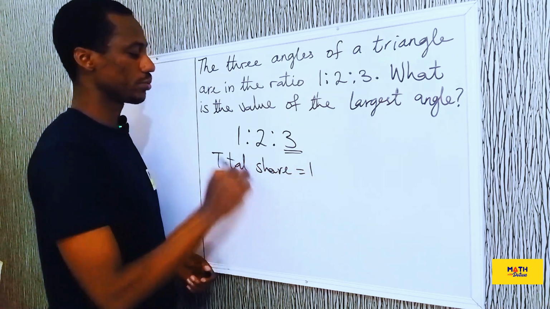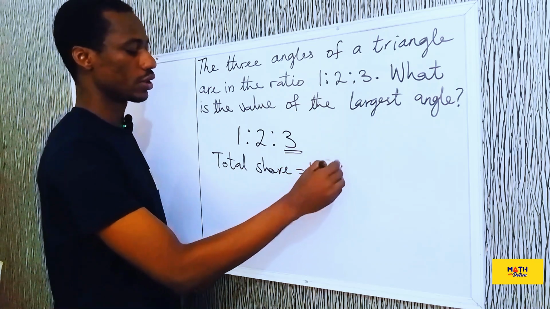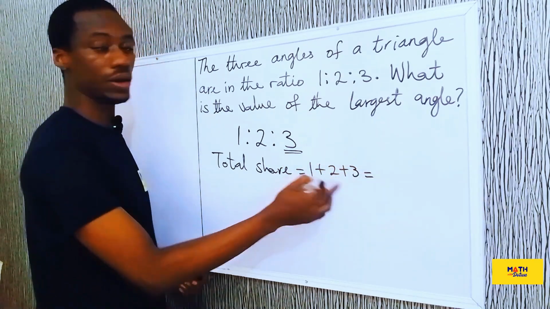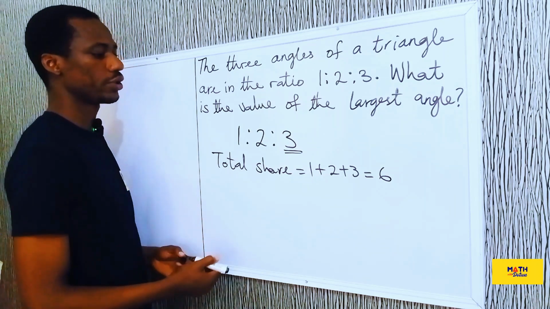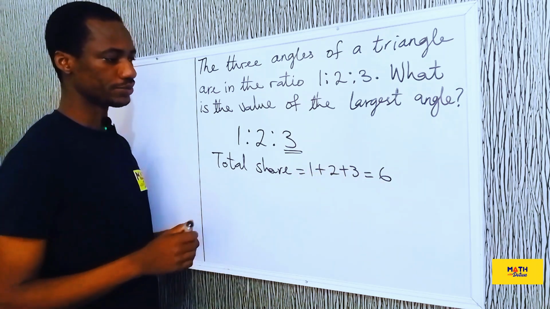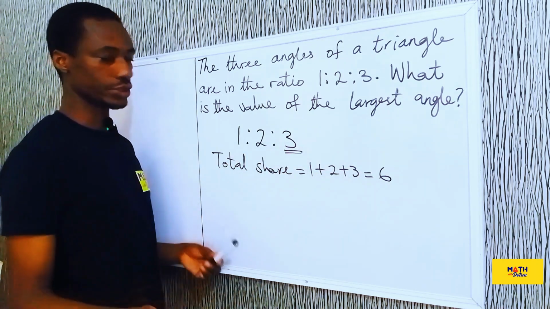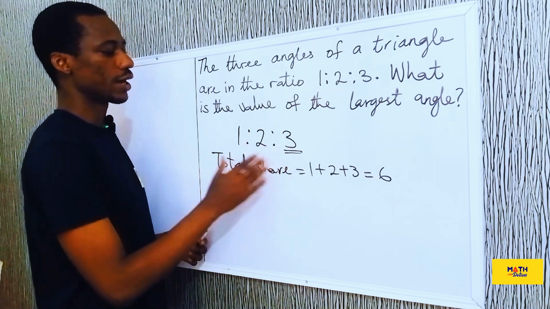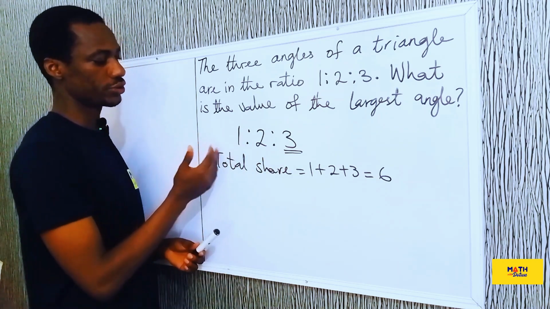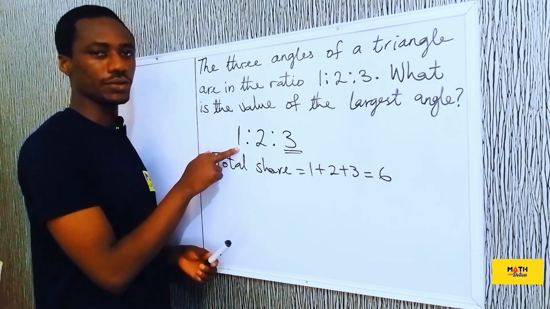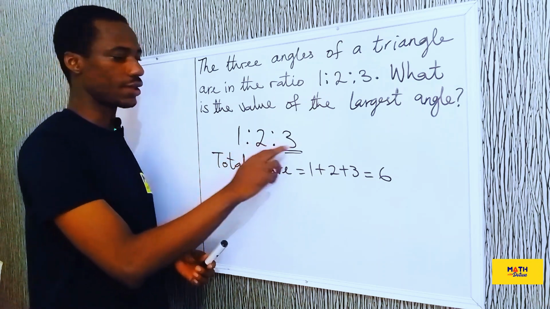So find the total share by adding all the parts of the ratio. So we have 1 plus 2 plus 3, and that is 6. That's the total number of shares. So that means the angle was shared into 6 places. You have 1 portion for this angle, 2 portions for this, and 3 for this.